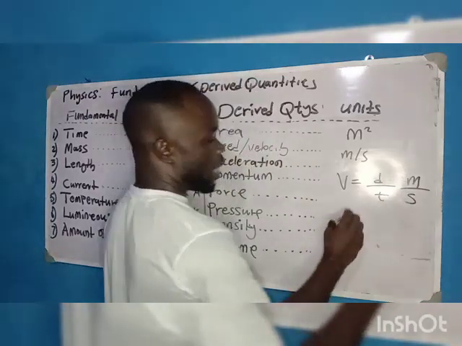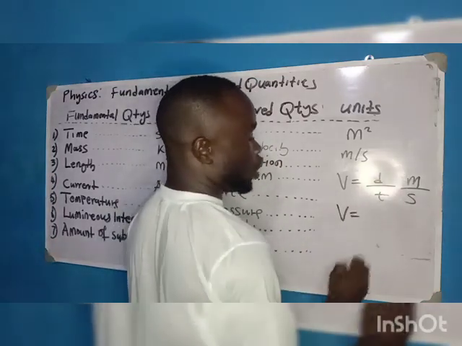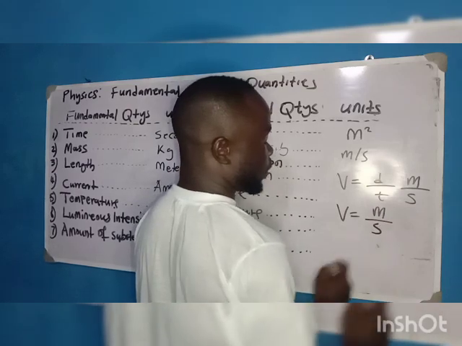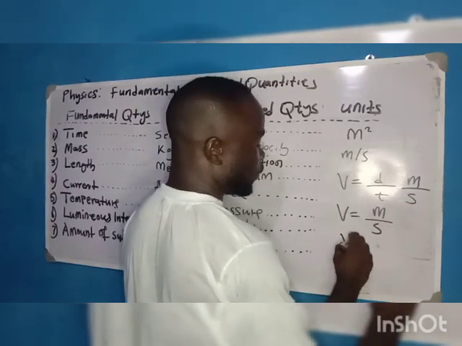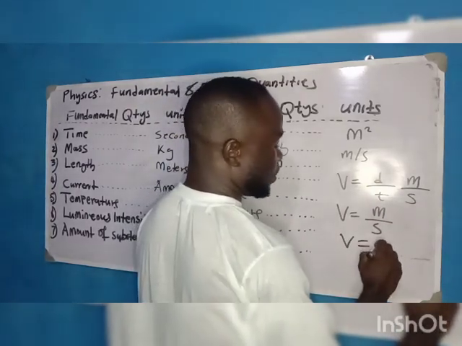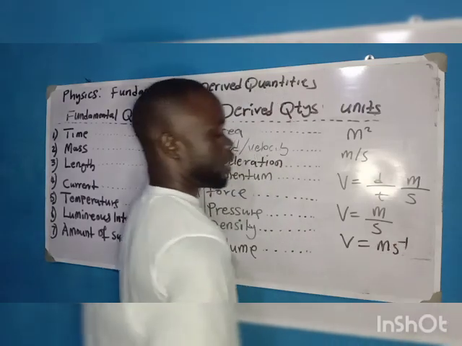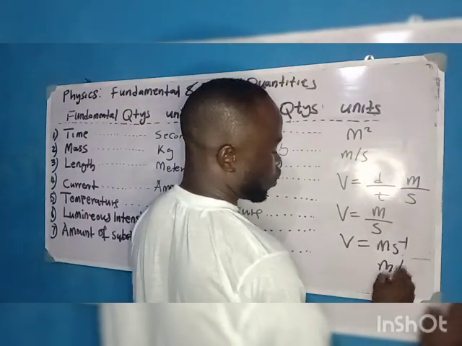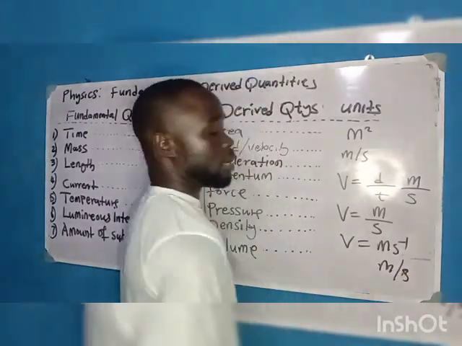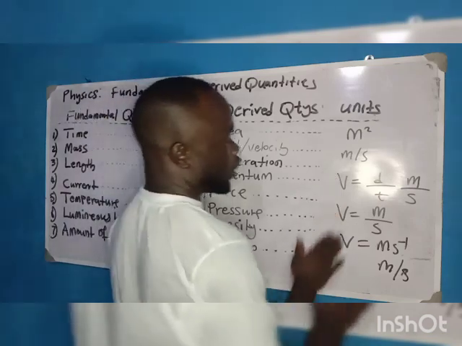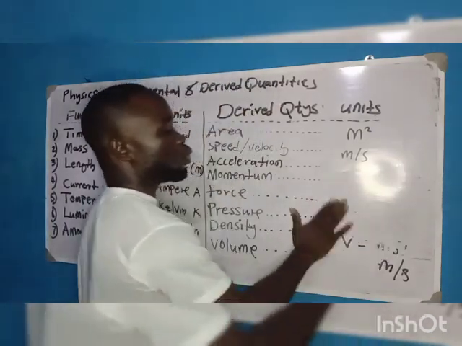So the unit of velocity is meter over second, and we can write this as m/s, or m s to the power of minus 1. It's the same thing. So that's the reason why the unit of velocity is meter per second.